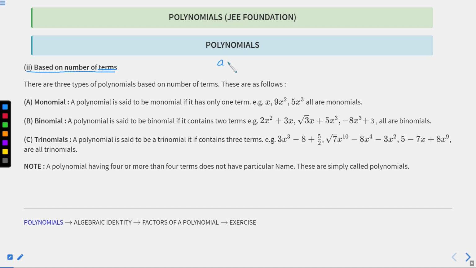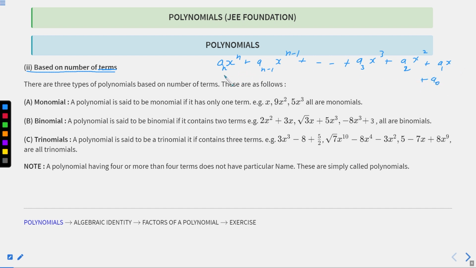So in a polynomial, we know it will look like this: a_n x^n plus a_(n-1) x^(n-1) till a_3 x cube plus a_2 x square plus a_1 x or just x plus a_0.